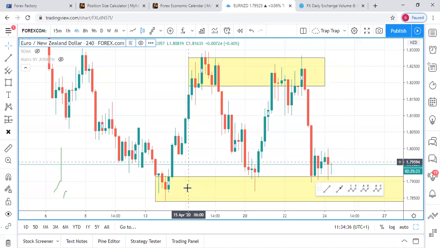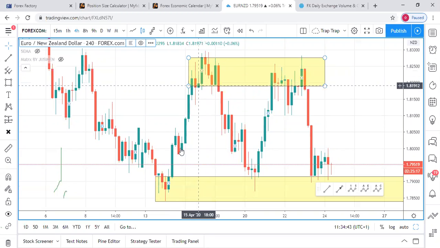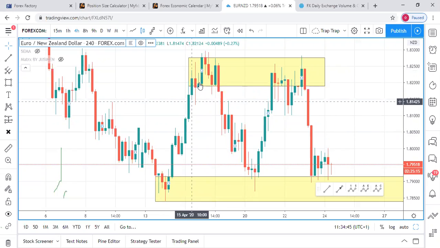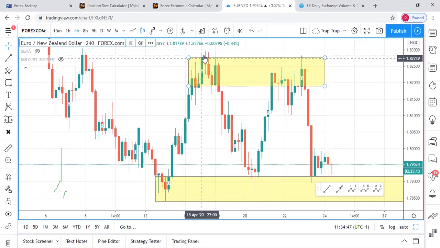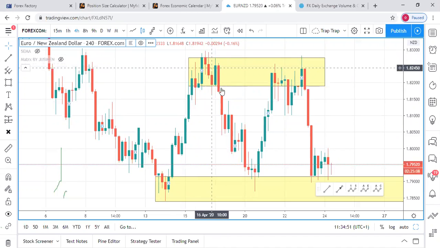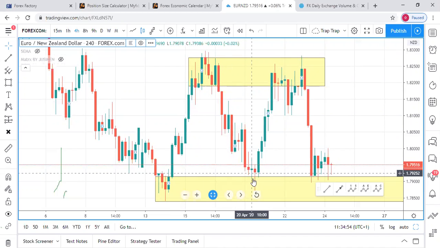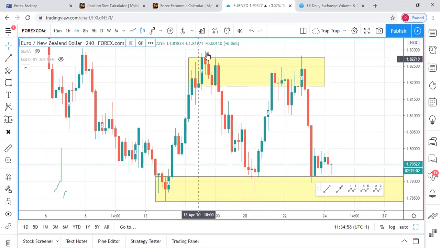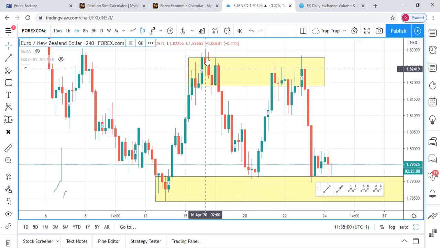I'll just take note of it. I'm not doing anything with it yet. Then I'll come up here. Price was making a progressive move to the upside. All of a sudden, we noticed that it got somewhere and changed and started coming back down. It denotes that this area here is serving as a ceiling, which is a resistance.